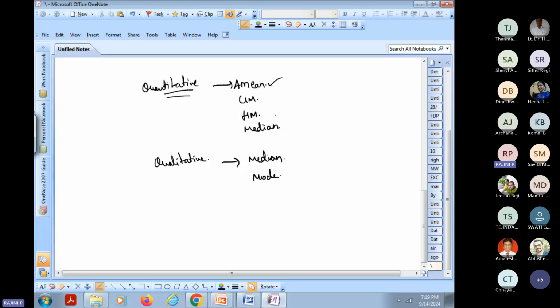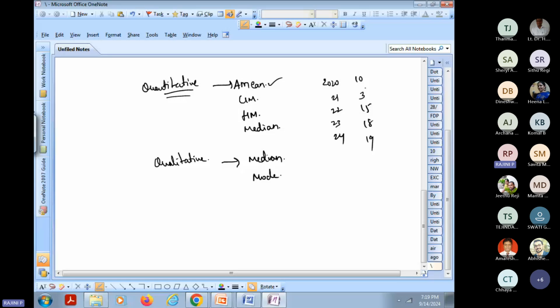So we apply arithmetic mean if in the data you are not having any outliers. What is the meaning of outliers? Outlier means a value which is not common with all the other values we are having. For example, I started my business in 2020, 21, 22, 23, 24. In the first year I got 10 lakhs, and in the second year 3 lakhs, and in the third year 15 and 18, 19.